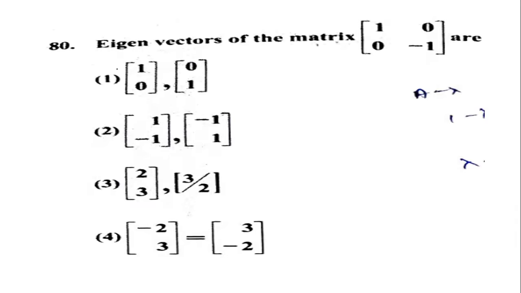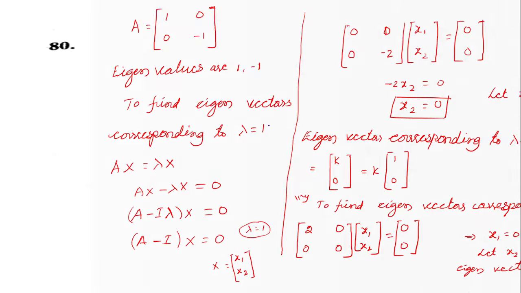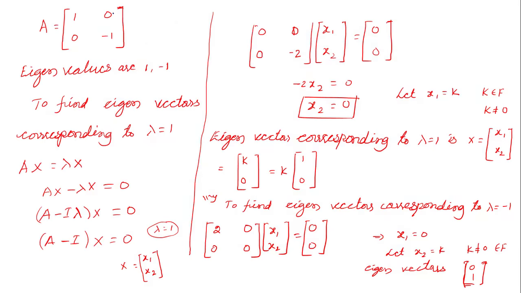Next, the eigenvectors of the matrix 1, 0, 0, minus 1 are. The matrix is 1, 0, 0, minus 1. Eigenvalues are 1, minus 1. To find eigenvectors corresponding to lambda equal to 1, Ax is equal to lambda x.